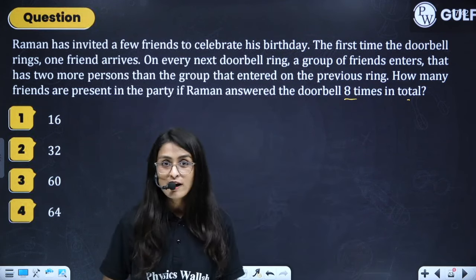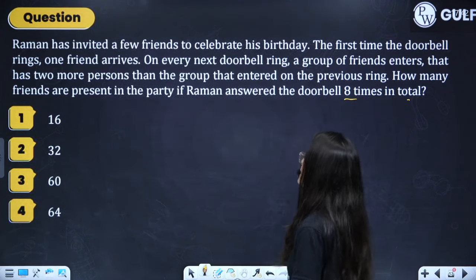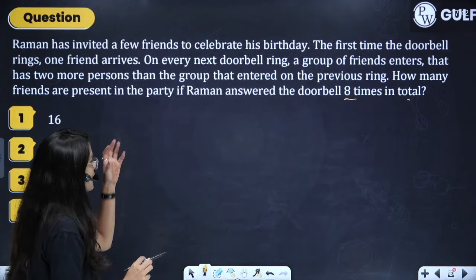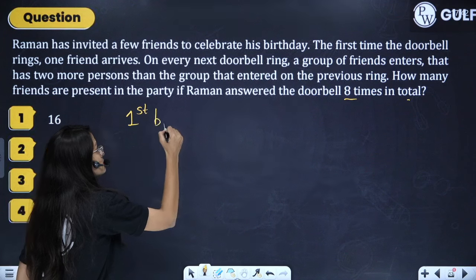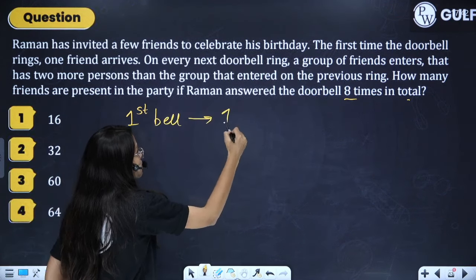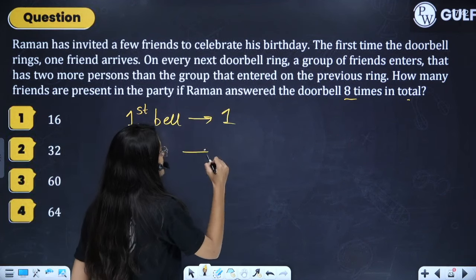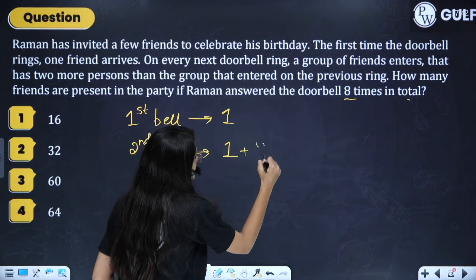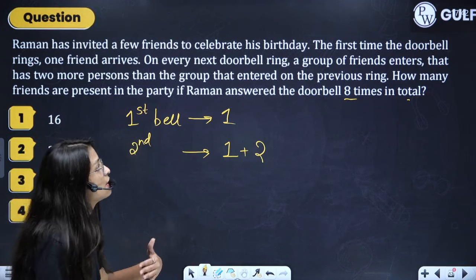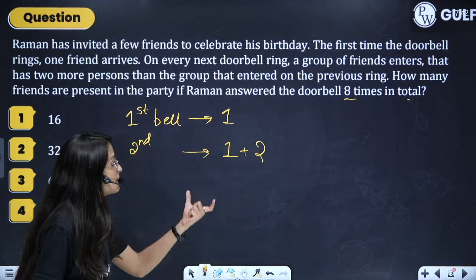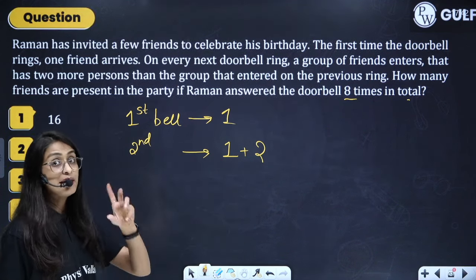You need to find the total guests present. First of all, they have given us a pattern. On the first bell, one friend arrives. On the second bell, two more friends arrive. The pattern is repeated: for every next bell, the previous group plus two friends come, and he is answering the bell 8 times.